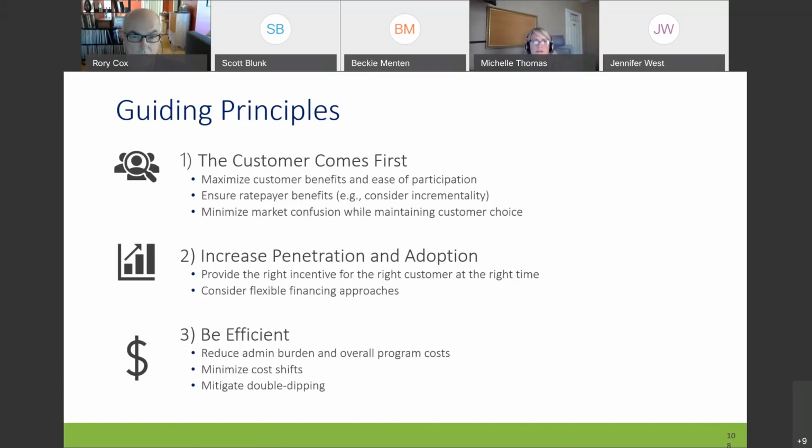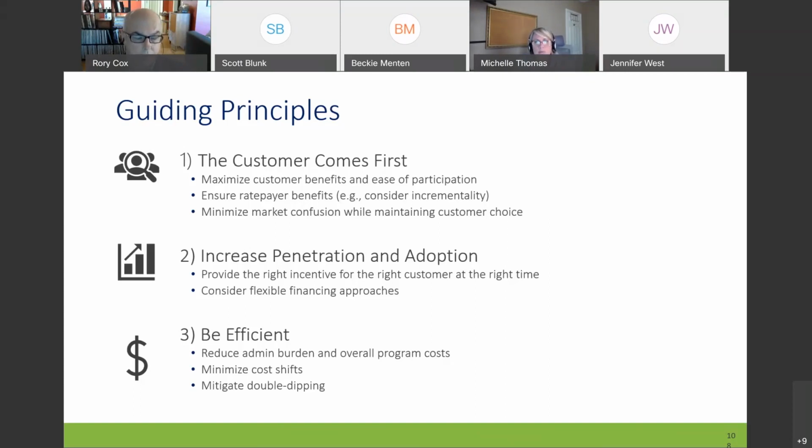So we want to make sure that we provide the right incentive at the right time. And by right time, what we mean is we don't necessarily have to continue layering the same amount of incentives at the same value. We could consider a CSI model where we taper incentives over time as the market transforms. And then consider flexible financing approaches.